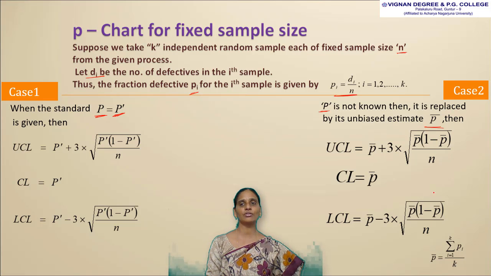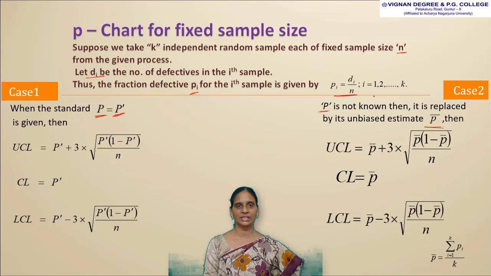So here the value of P bar can be obtained by the total number of defectives in the K samples divided by the total number of units in the K samples.